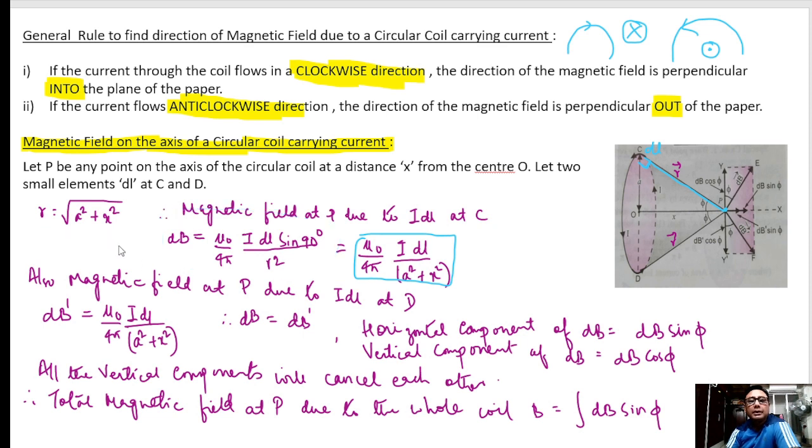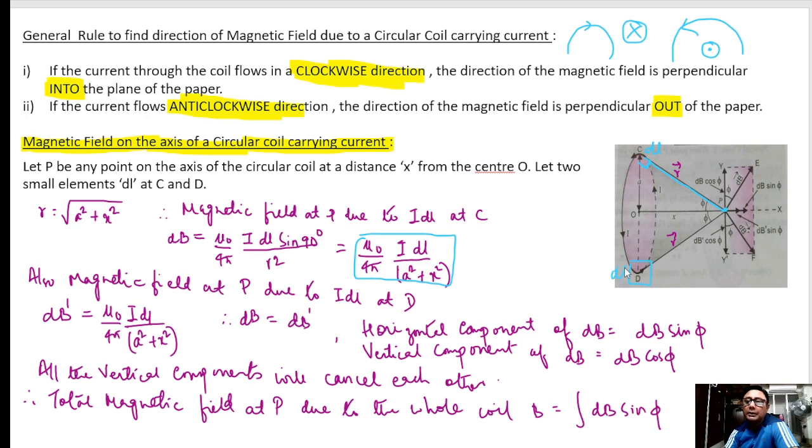Now please note the magnetic field at P due to the element dl.